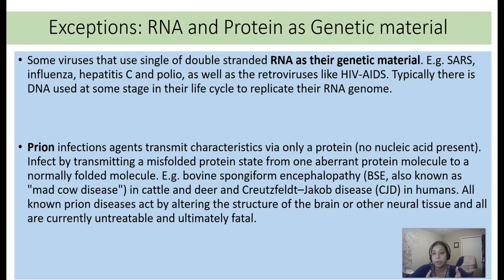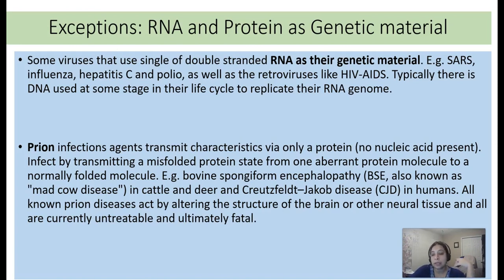Another exception rather, is prion infections, in which you have specifically proteins. No nucleic acid is present. It is a misfolded protein that is causing the infection. The biggest example of those is the bovine spongiform encephalopathy, or BSE, which is also known as mad cow disease in cattle and deer, and CJD in humans.